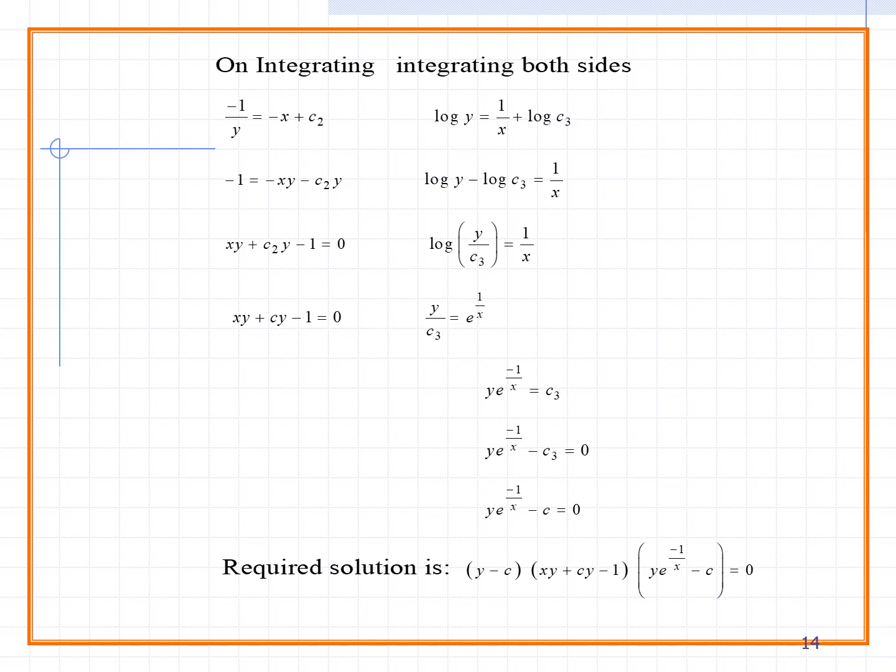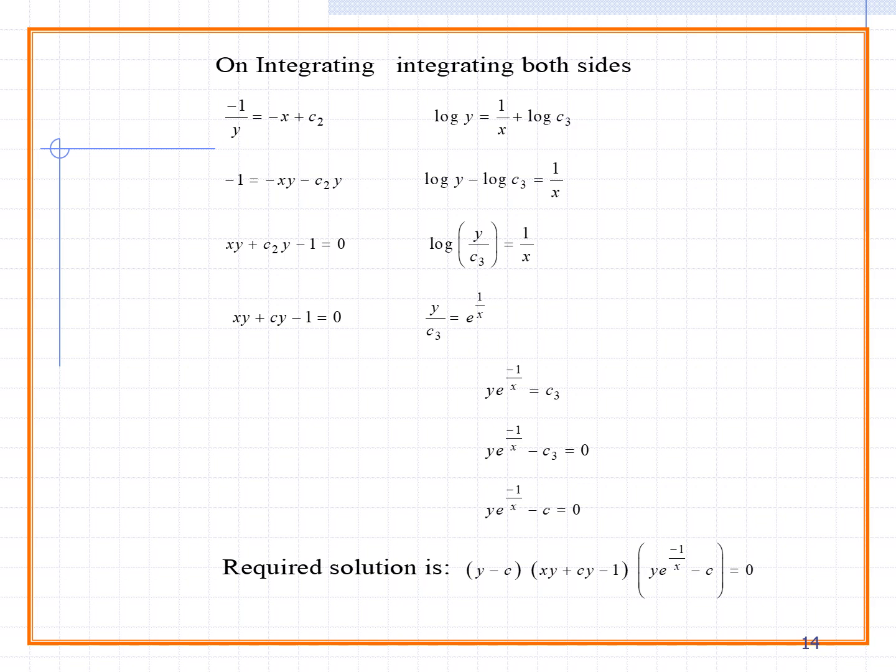The second equation can be written as log y equal to 1 by x plus log c3. So shift the log to the left side: log y minus log c3 equal to 1 by x. It looks like the log a minus log b formula. What is log a minus log b? Log of a by b. So it can be written as log of y by c3 equal to 1 by x.